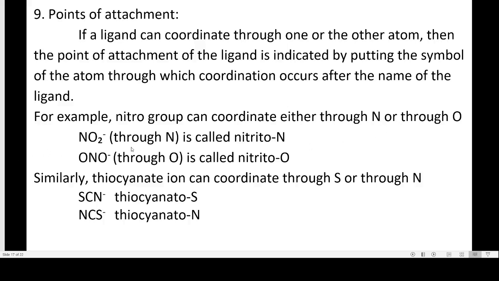So if it is coordinating through nitrogen, it is written as nitrito N. If it is coordinating through oxygen donor atom, it is written as nitrito O. Similarly, thiocyanate ion can coordinate through sulfur or through nitrogen. So it is written as thiocyanato S. If it is through nitrogen, it is thiocyanato N. So the point of attachment, that is the atom, is indicated.